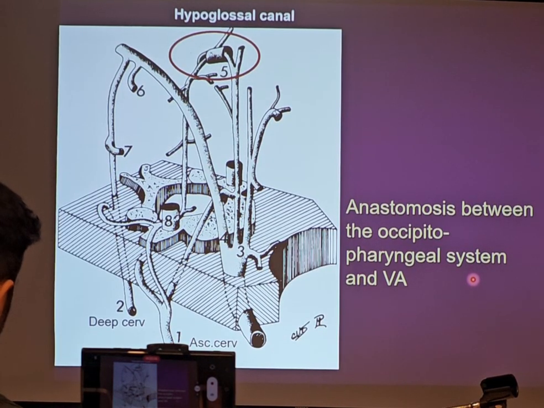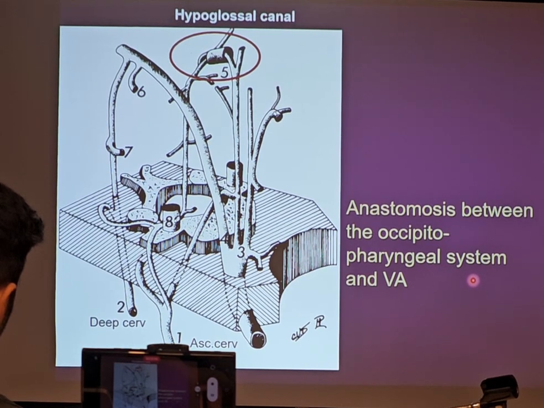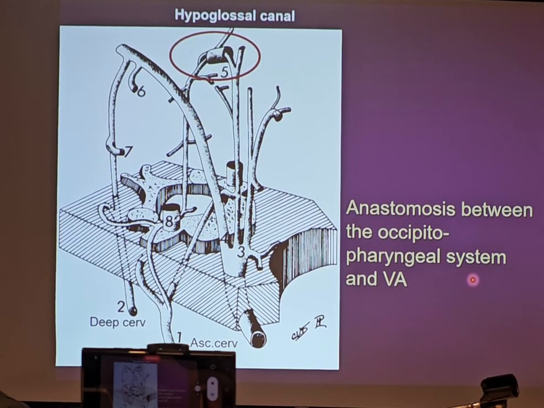This is a very important diagram that you can find in the surgical neuroangiography book. It explains all the possibilities of anastomosis between the pharyngeal, occipital system and vertebral artery. So the very important landmark is the C3 segment.